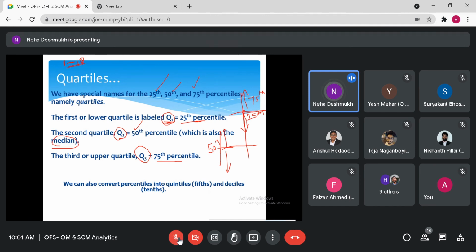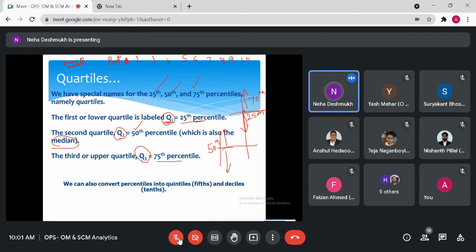Now I want to calculate 50% of 1 to 10. Now tell me, what is the 50% of 10? 5 means what? This is first position, second, third, fourth, fifth, sixth, seventh, eighth, ninth, and 10th. This is the location or position.